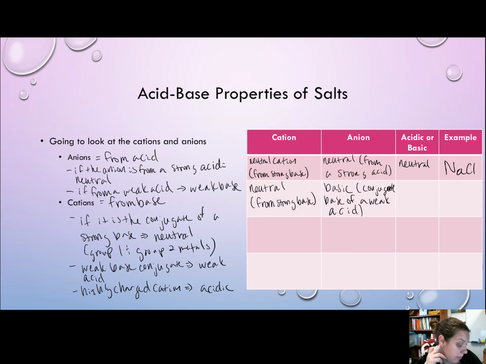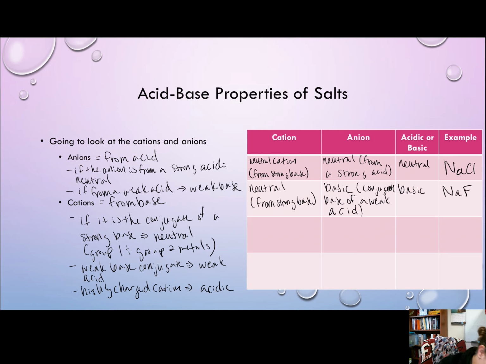And if we combine a neutral cation with a basic anion, we produce a basic salt. An example of this would be sodium fluoride. Sodium came from sodium hydroxide, a strong base. Fluorine or F- came from HF, a weak acid. The conjugate of a weak acid is a weak base, so sodium fluoride would be a basic salt.